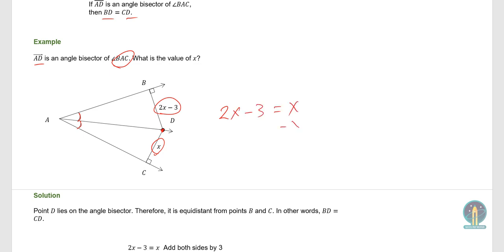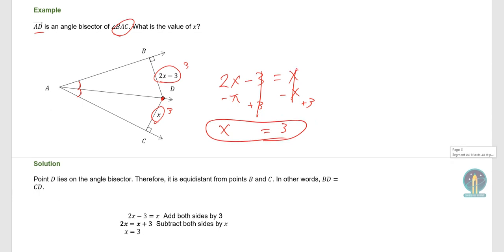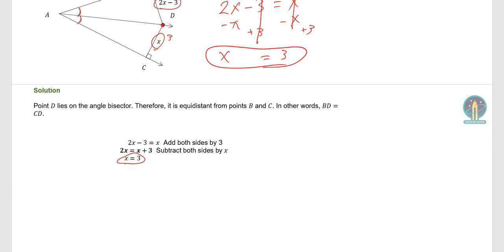Solve for x: minus x on both sides, 2x minus x is x, and we have plus 3. x equals 3. So 2 times 3 is 6, minus 3 is 3, and x equals 3.